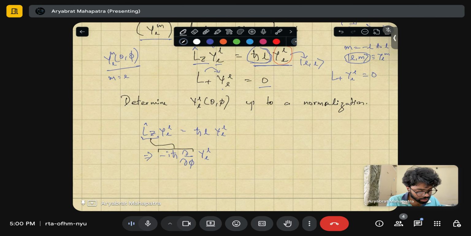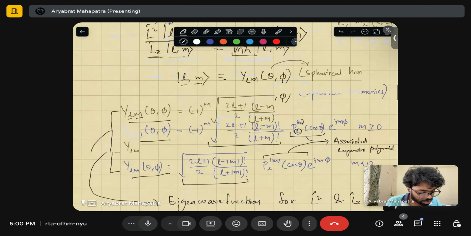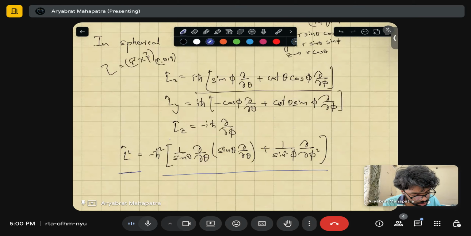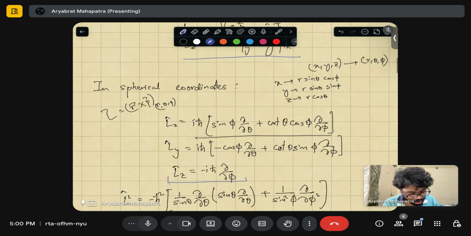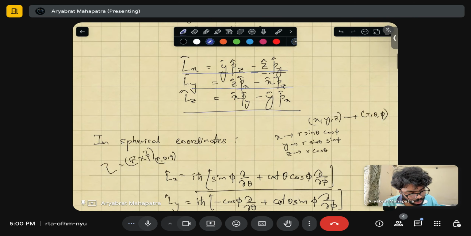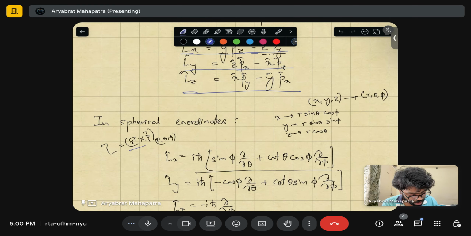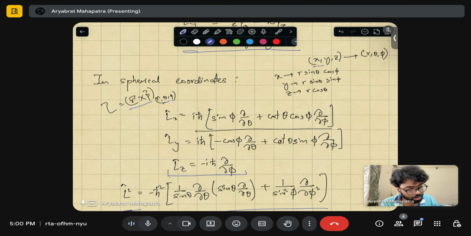At the beginning I showed you that in spherical coordinates this is how it is defined. If you write Lx, Ly, Lz in Cartesian form, you simply have the generic relation of components of angular momentum, and then you transform r cross p in terms of r theta phi with the transformation rule that you know.